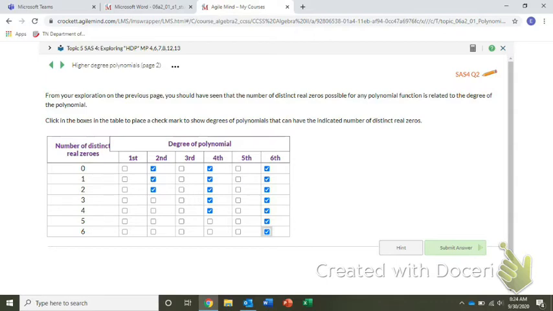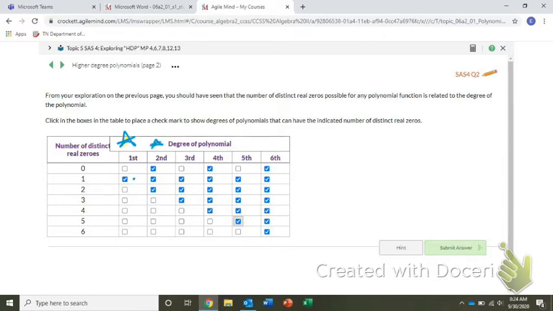Now, the only difference in odd degrees is that it starts with 1. So for 1st, 3rd, and 5th, rather than starting at 0, we are starting at 1. So, in conclusion, if you have a 1st degree polynomial, you can only have 1 real zero.